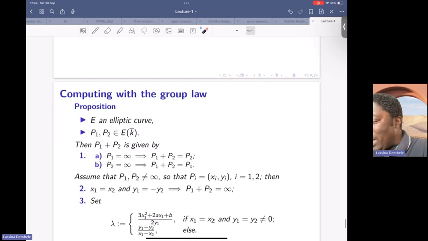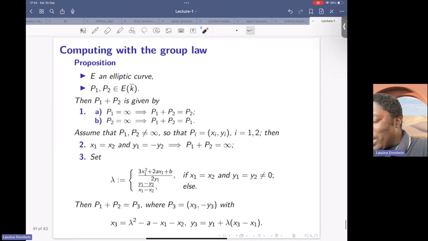Okay, and this is one reason why it's actually quite fun to work with elliptic curves, is that you can really make this group law very concrete.